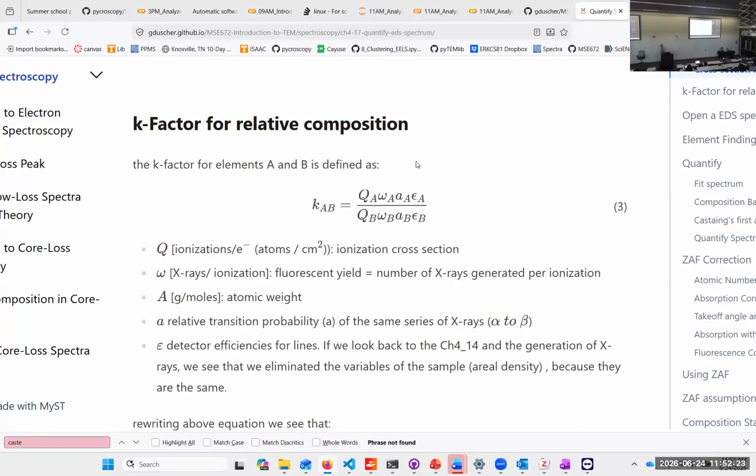So you put all the complications in there. Castaing's assumption was that if you have the same number of electrons and you put it on pure iron and then on pure manganese, from the difference you can completely calibrate the iron to manganese ratio for your detector system.